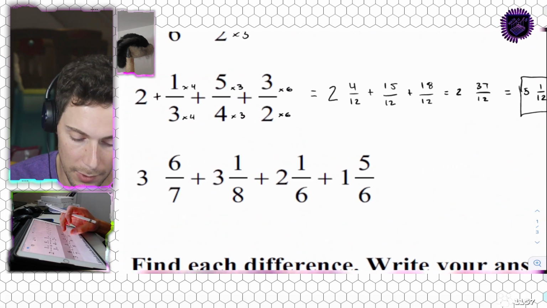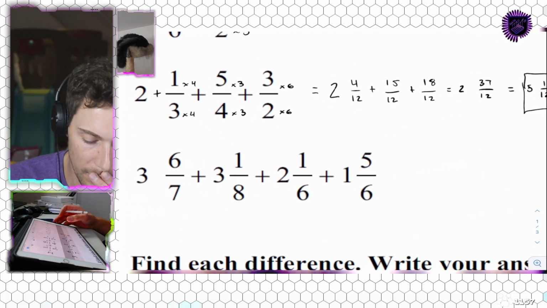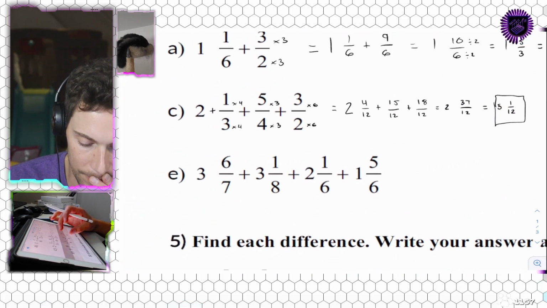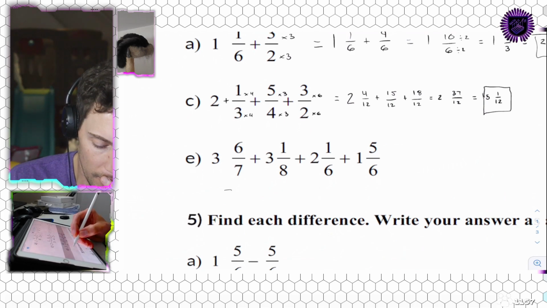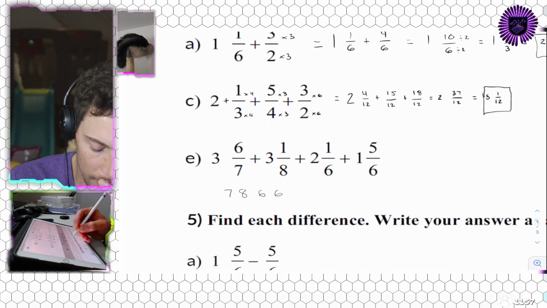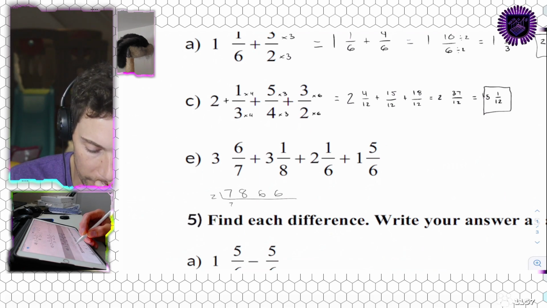Well, just keep getting more fun here. Oh my goodness gracious. All right, let's do some pre-work here. 7, 8, 6. 6, 2, 7, 4, 3, 3.